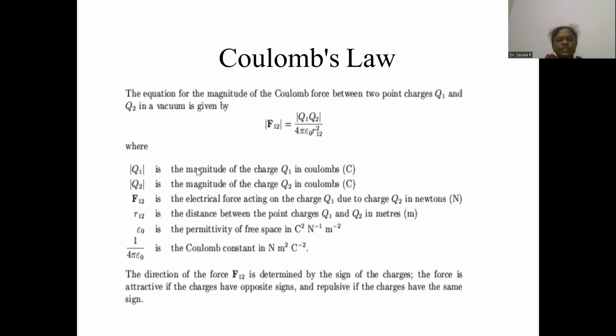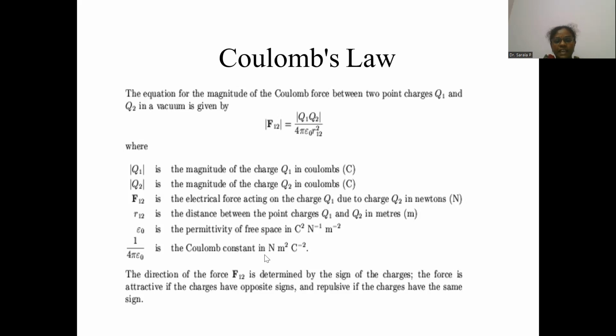Now let's see the equation for the magnitude of the Coulomb force between two point charges Q1 and Q2 in a vacuum. It is given by F12 equal to Q1 Q2 by 4 pi epsilon naught R12 square, where Q1 and Q2 are the magnitudes of the charges, expressed in coulombs.